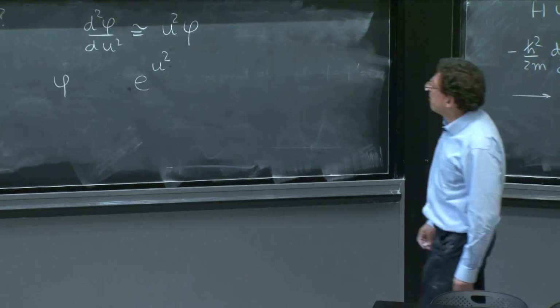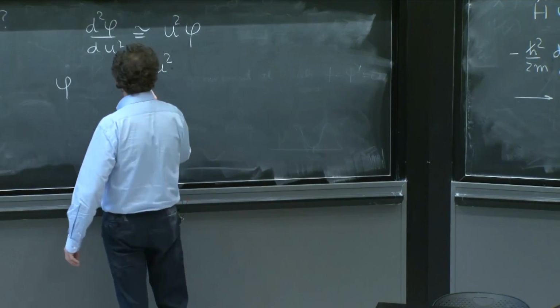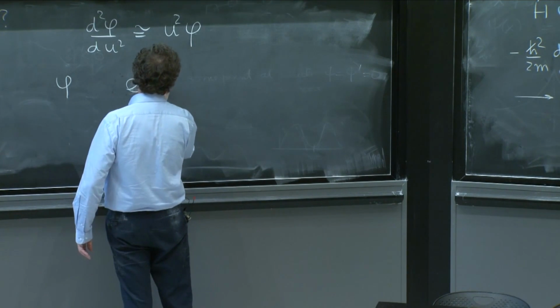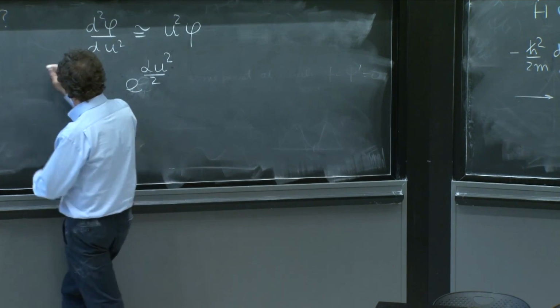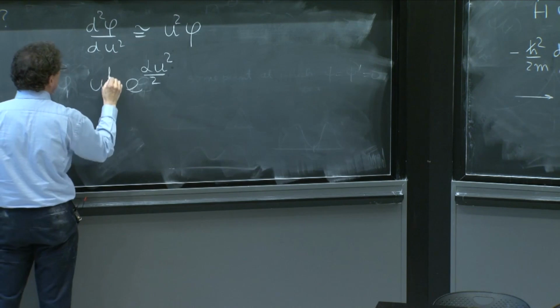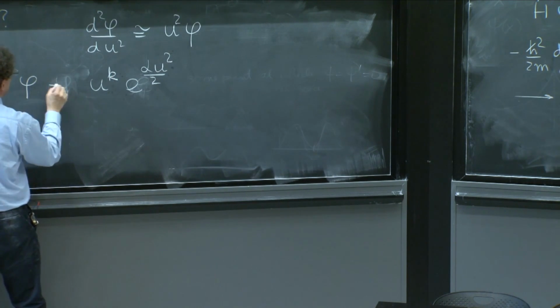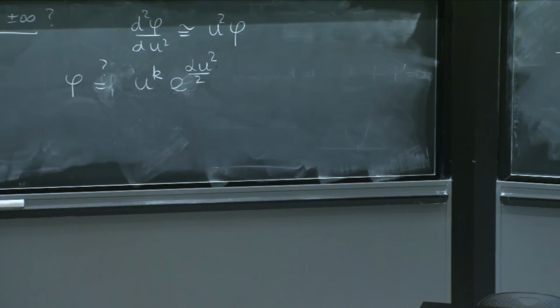So I'll put here, for example, e to the alpha u squared over 2. And I'll even put here a u to the k. Can this work?